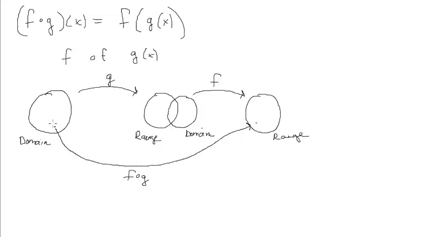So that means all of the elements in g that get mapped to the intersection here between the range of g of x and the domain of f, because then those elements will get applied f and end up in the range of f.